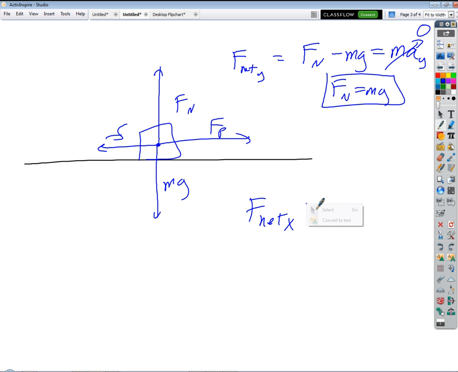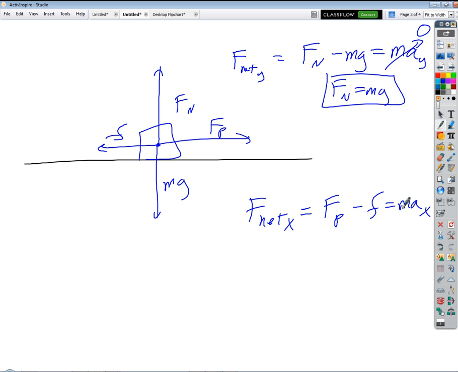What was it here? Horizontally, we had the pushing force minus the frictional force equaled m times the acceleration in the horizontal direction. Maybe we did have acceleration in the horizontal direction. In some cases we did, right? So that was the other equation of motion, okay?